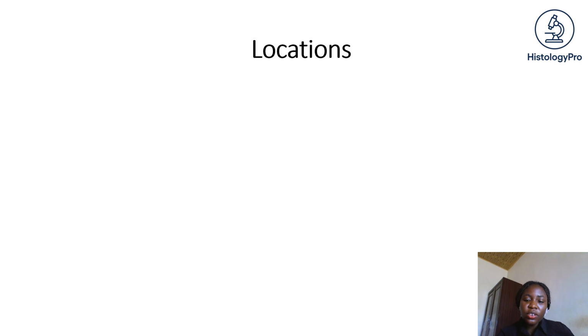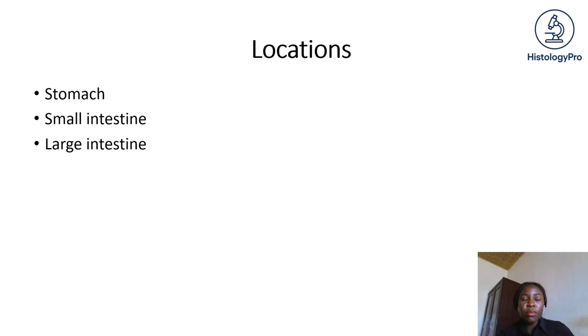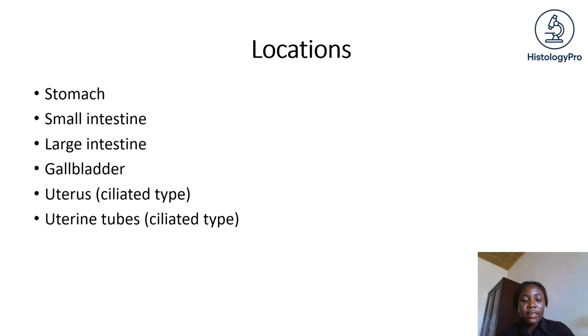As a histology student, you must know where simple columnar epithelium is located, or where you can find it. You can find it in the stomach, the small intestine, the large intestine, the gallbladder, the uterus, the ciliated type, and the fallopian tube, the ciliated type.